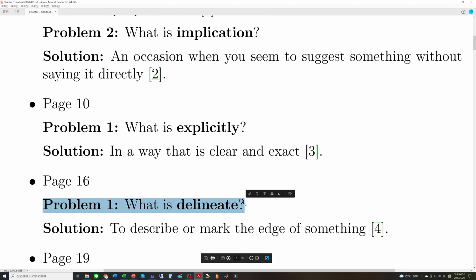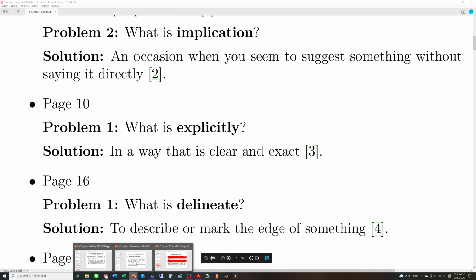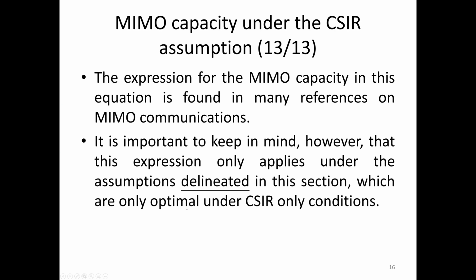What is delineate? Solution: to describe or mark the edge of something. So let us go back to the slides. Delineated or described in this section, which are only optimal under CSIR only conditions.